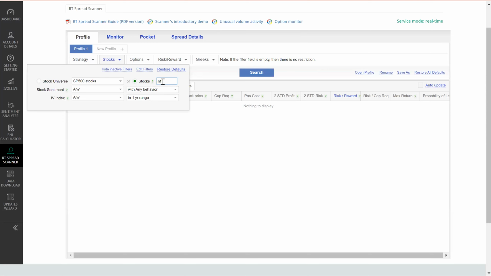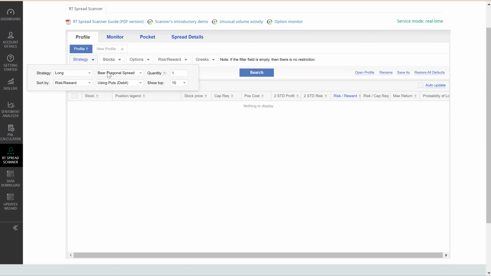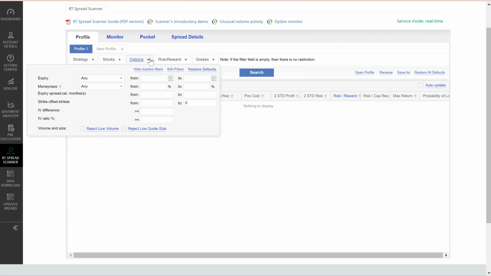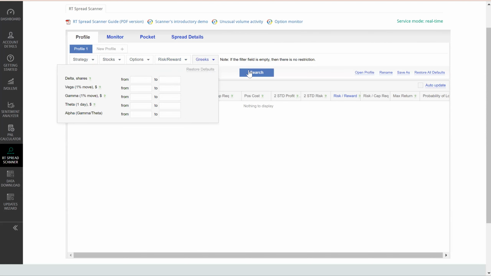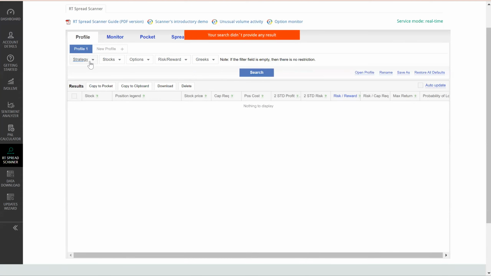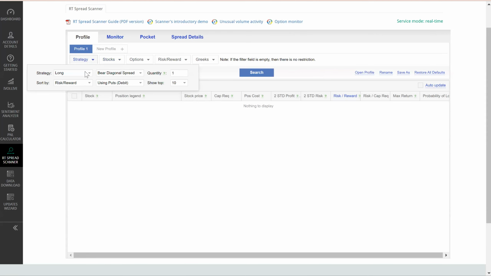Apple. Let's do this example. Bear diagonal, risk, reward, any. Run the numbers. It's visually easier to explain when you can see the expiration dates here. Interesting. Let me try to go short.